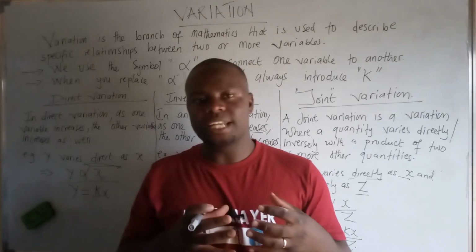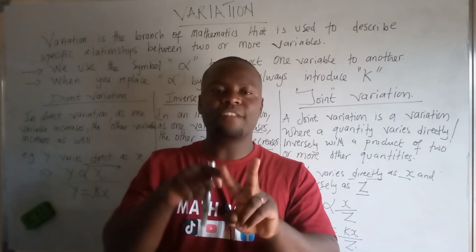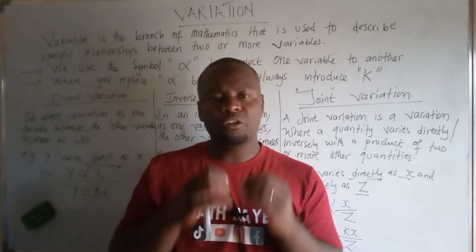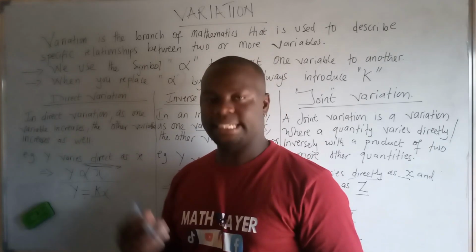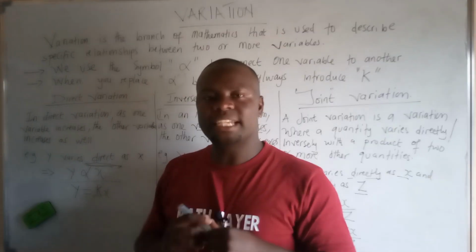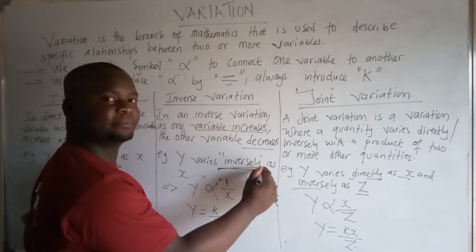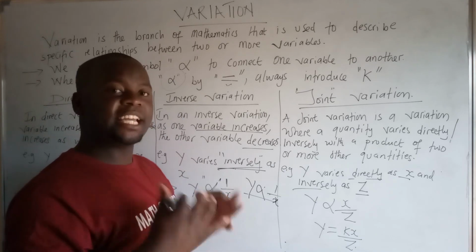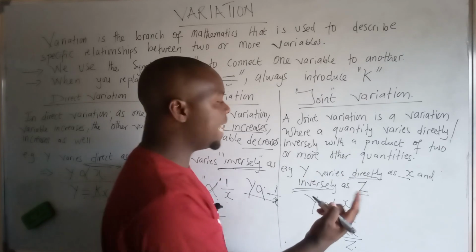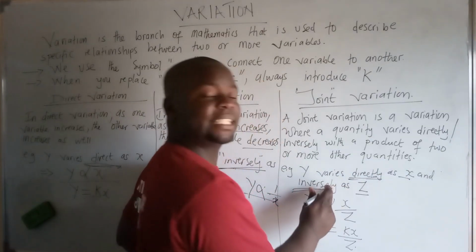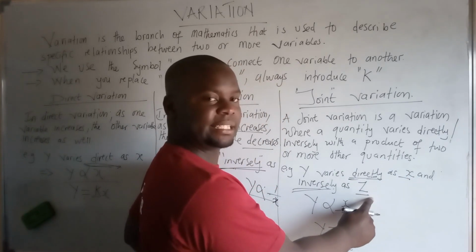The direct variation and the inverse variation deal with two variables, the relationship of one variable to another variable. How are we going to know that this relationship is direct? This word will appear in the statement. How are we going to know that it's an inverse variation? This word inversely will appear. How are we going to know that it's a joint variation? They will combine both direct and inversely. Or they can say directly as x and directly as z, or inversely as x and inversely as z.